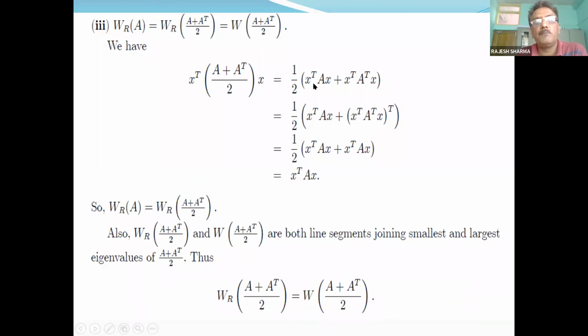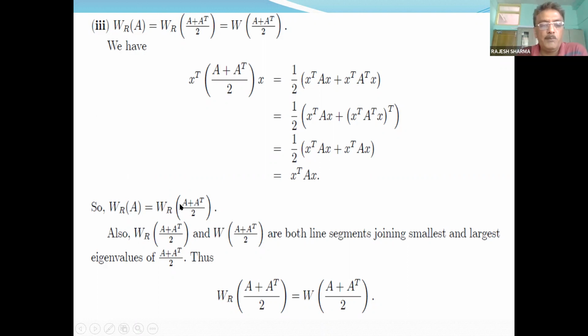This equals half x transpose Ax plus x transpose A transpose x. And since this is a single number, we can write it equal to its transpose. So these two expressions are the same as x transpose Ax. So the real numerical range of A is equal to the real numerical range of (A plus A star) by 2.